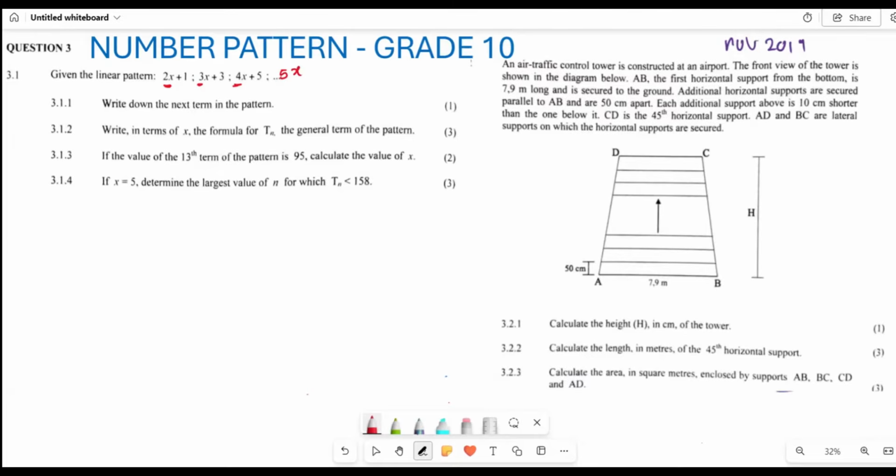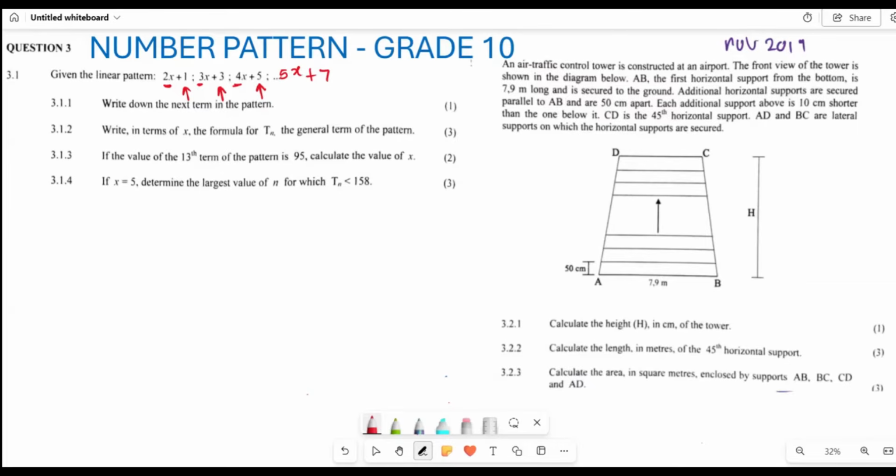Then look at this one: you are having 1 here, 3 here, 5, which means there's a constant growth. Can you see that it's plus 2? So this is going to be 5x plus 7 altogether, which is the next term that you're going to have in there.